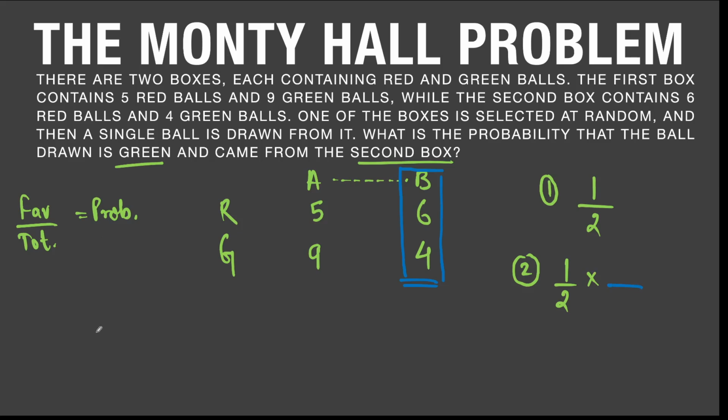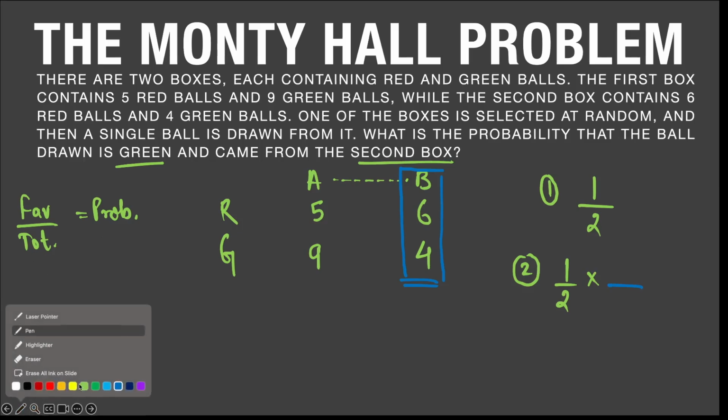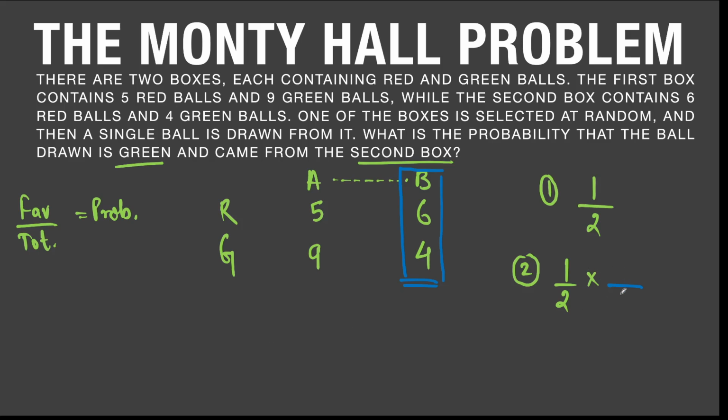In probability, the total outcomes that we can possibly have are the 10 balls. The total instances are picking out 10 balls, and the favorable outcomes are going to be the number of green balls. The number of green balls is 4.